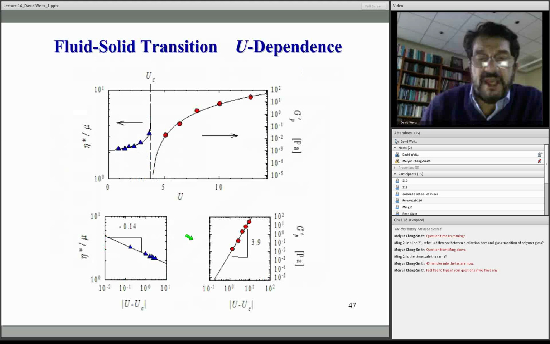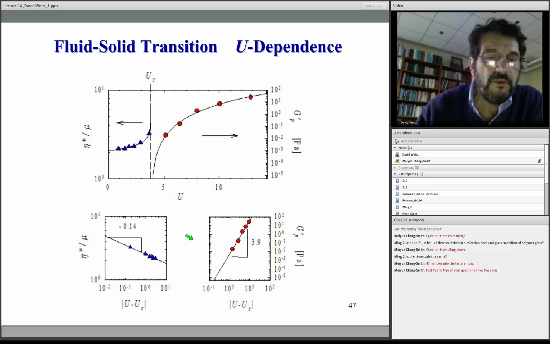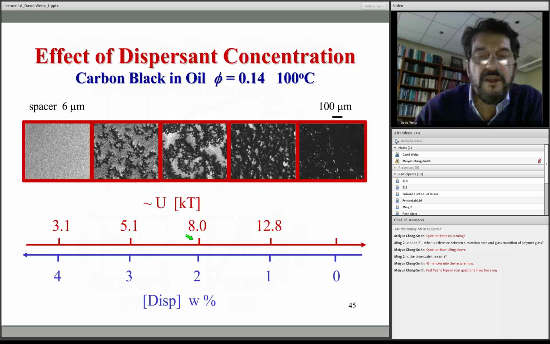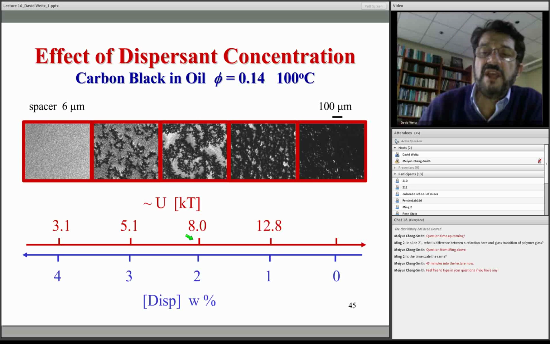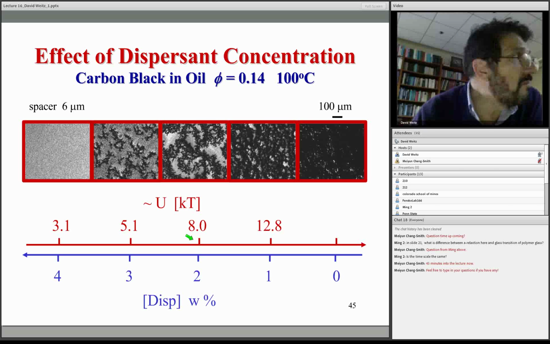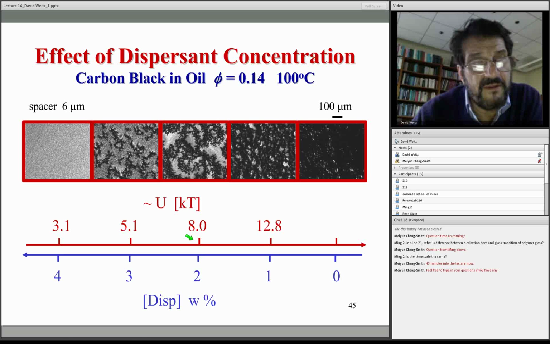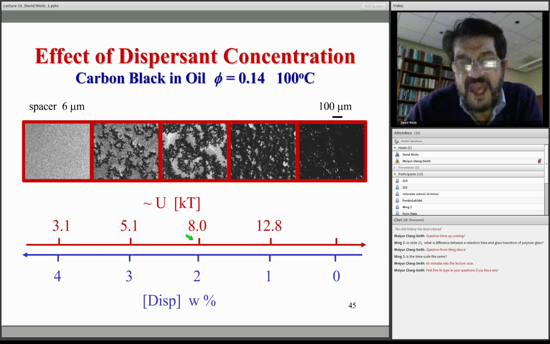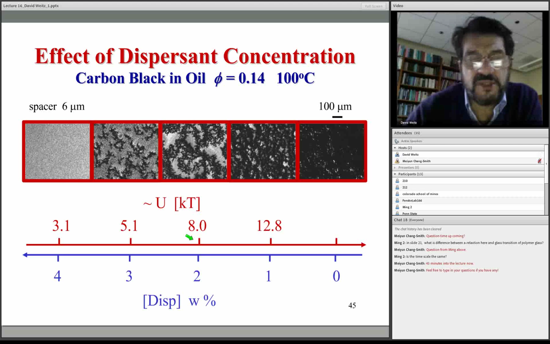And again, you get this scaling behavior, this critical behavior, where now it's a function of what we calculate. We can convert the concentration of the surfactant into an interaction energy, and you do that by taking a model for the surfactant of a brush, a polymer brush, and taking the theory for polymer brushes, what the interaction between the particles are for polymer brushes.